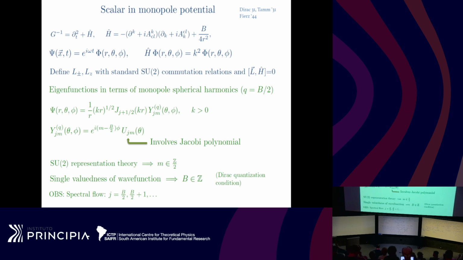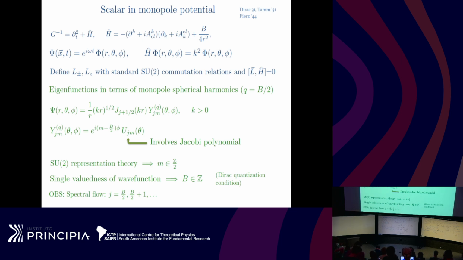So the eigenfunctions will be given in terms of what is known as monopole spherical harmonics. They are not the usual spherical harmonics, but they are expressed in terms of Jacobi polynomials instead of Laguerre polynomials. So they have also the usual exponential prefactor term here, but that is shifted by b/2, where b is my b from before.